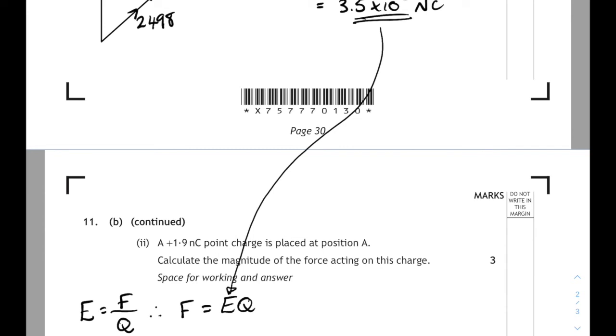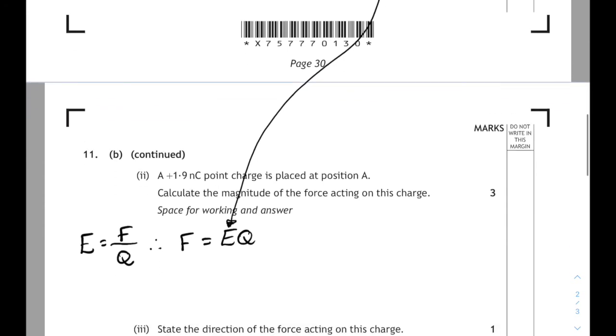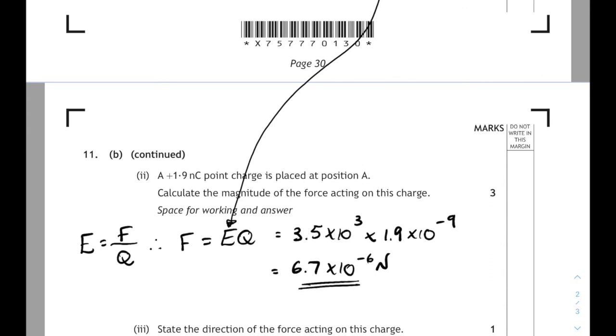So we can use that from the previous part of the question and simply multiply that 3.5 times 10 to the 3 times the 1.9 times 10 to the minus 9 coulombs. And that will give us the electric force on that charge at position A. It'll be a very small force, 6.7 times 10 to the minus 6 newtons.